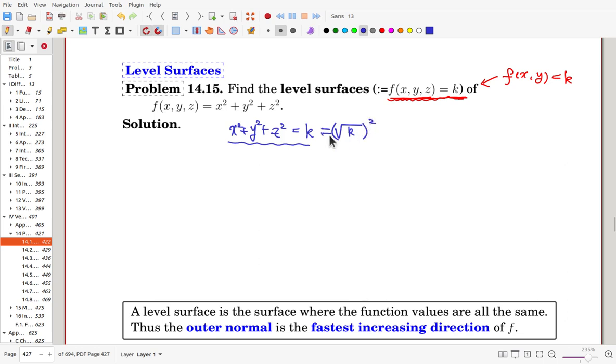That means that the level surfaces are spheres of radius square root of k for given k. So for each k, we can make the level surface. That is now a sphere of radius square root of k, right?